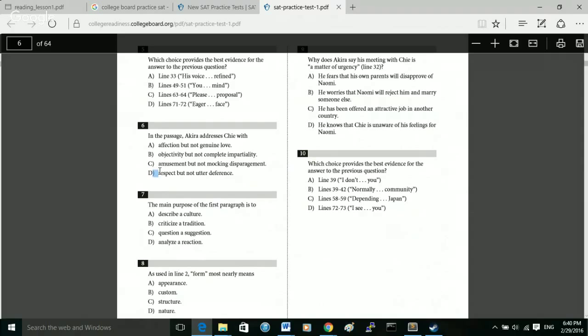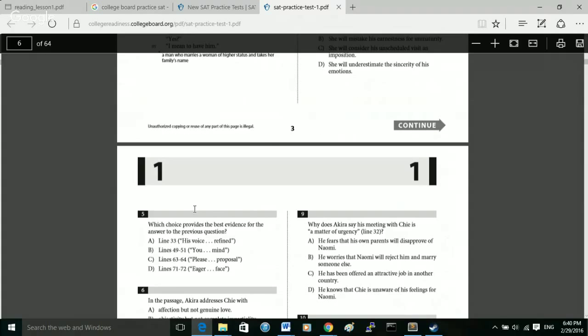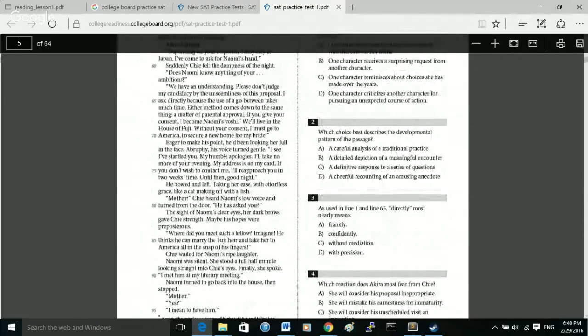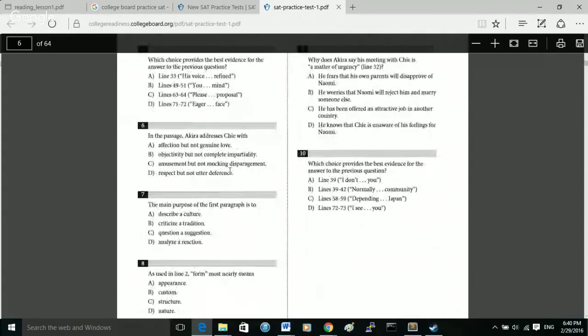Yes, there are multiple cases where you can see that Akira is being respectful. Here, he realizes that he may have startled Chi, and he apologizes. That shows that he has respect for her. So that's good evidence for answer choice D, and therefore answer choice D is correct.